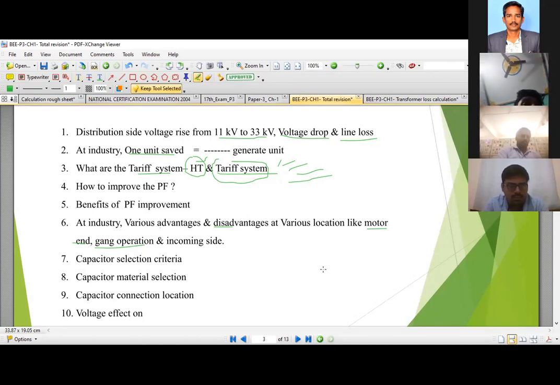Actually, if the power factor is not maintained properly, in the gang operation all the motors connected will be affected. We cannot separate. This is a disadvantage. We have to consider all 10 motors together.